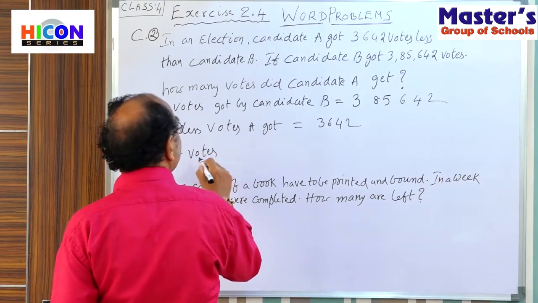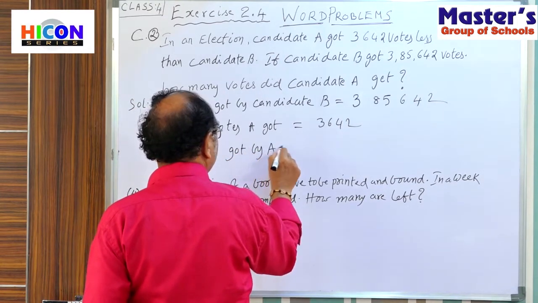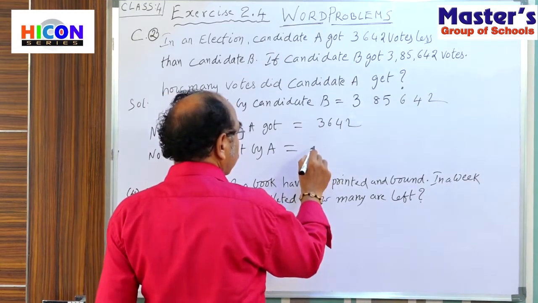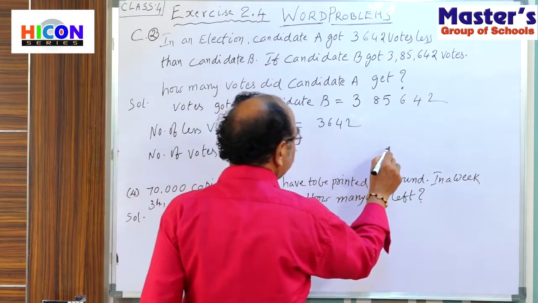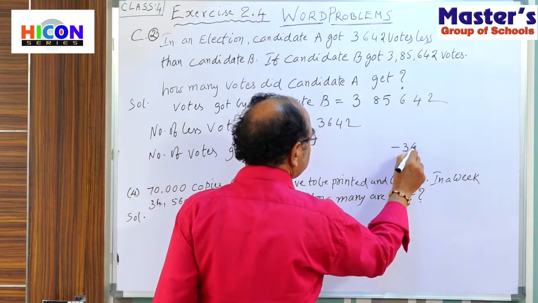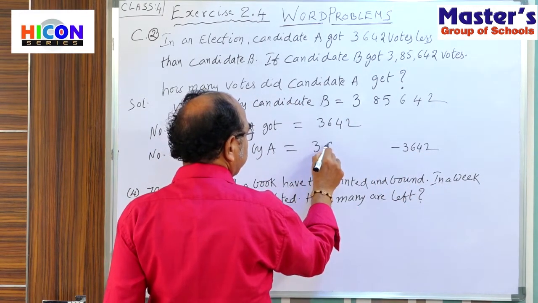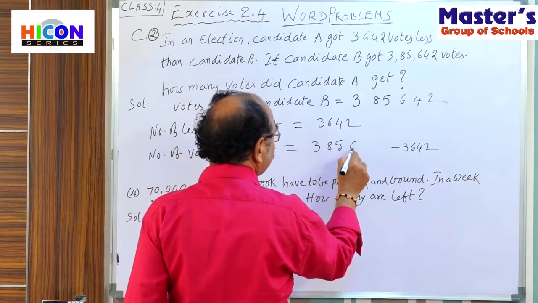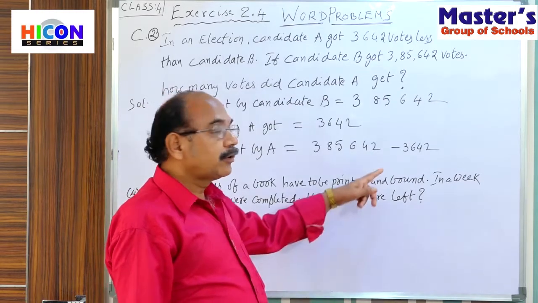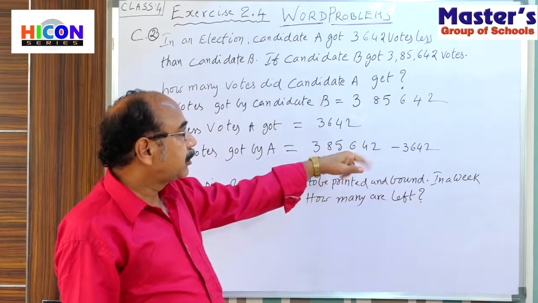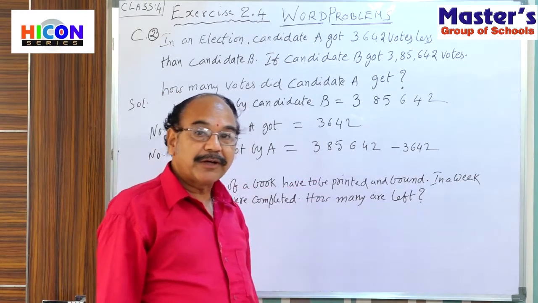So, here what we write: number of votes got by A is equal to, we subtract 3,642 from 3,85,642. Why are we subtracting 3,642?